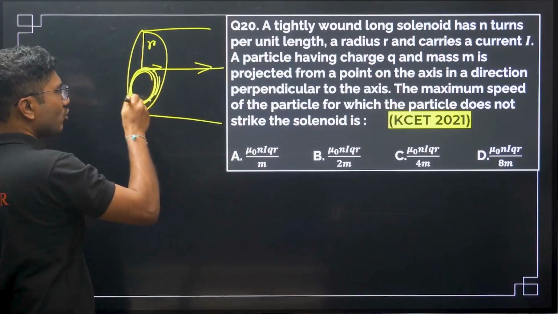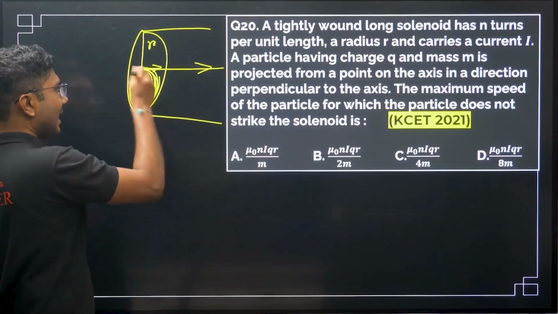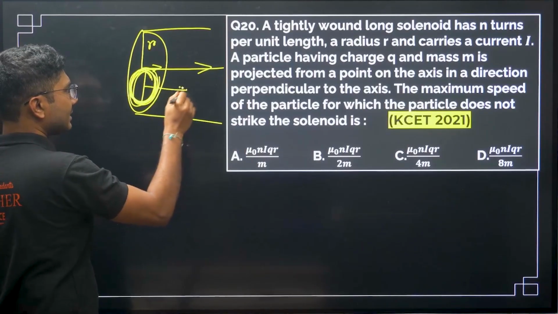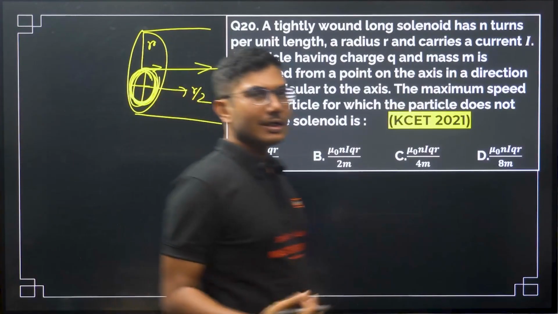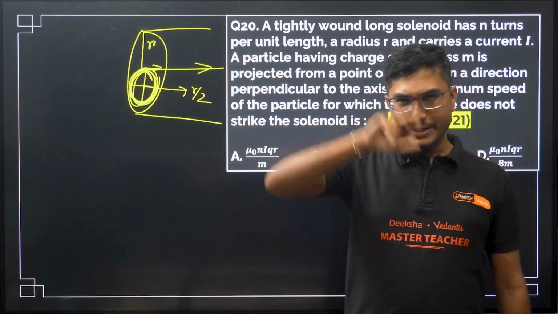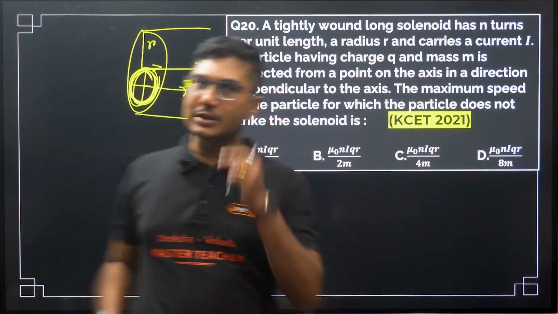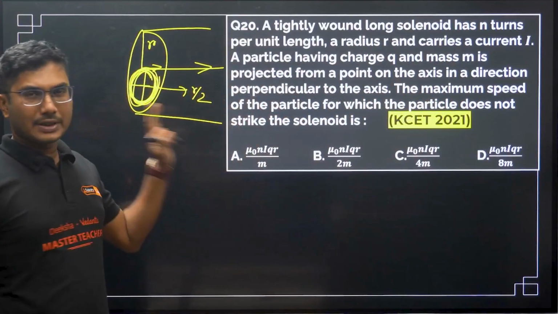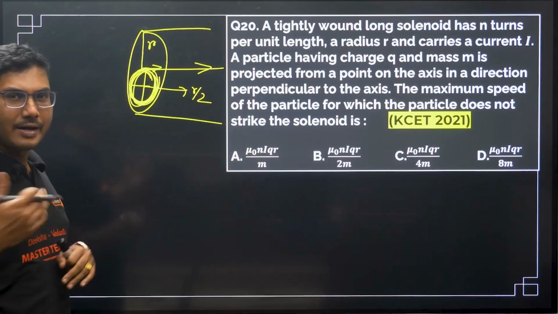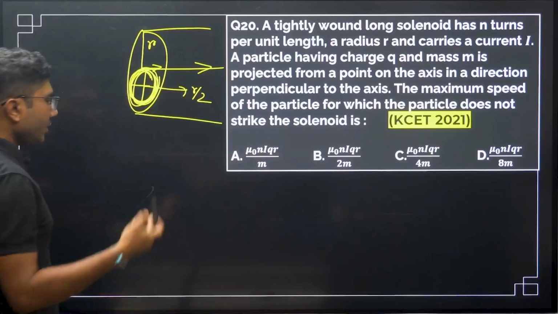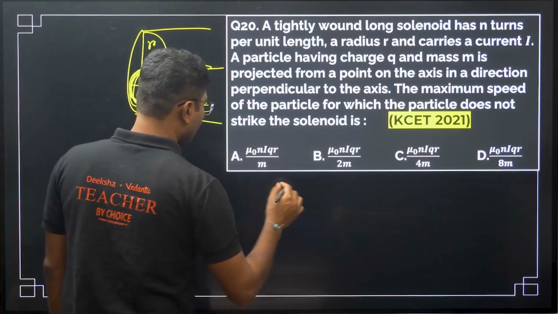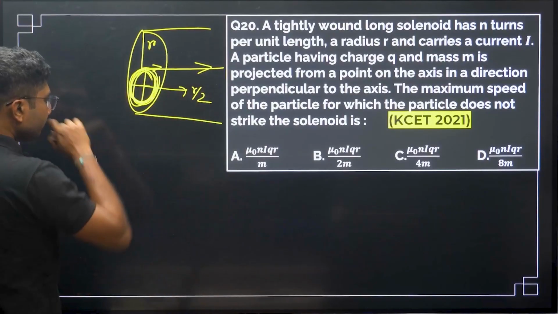So it has to contain itself within this r by 2 radius, such that it does not touch the solenoid. If it is more than r by 2, then it will touch the solenoid. This is the basic problem. Otherwise it's a simple magnetic field and magnetic force question. So you have to understand that the radius is r by 2.